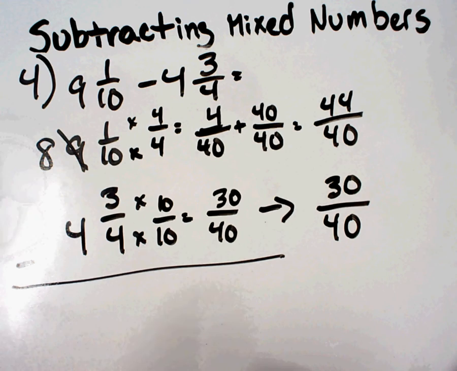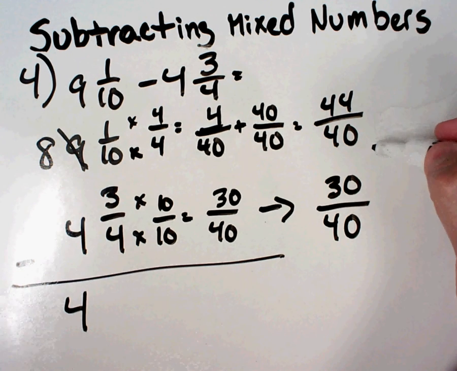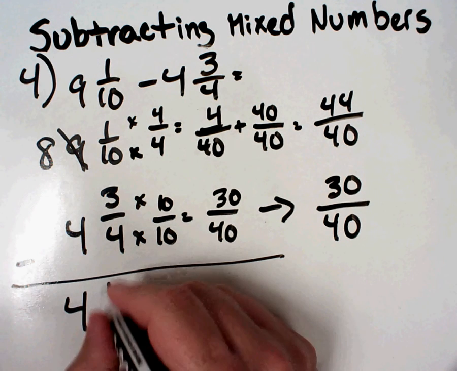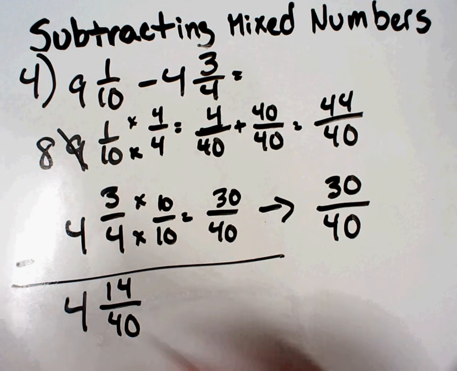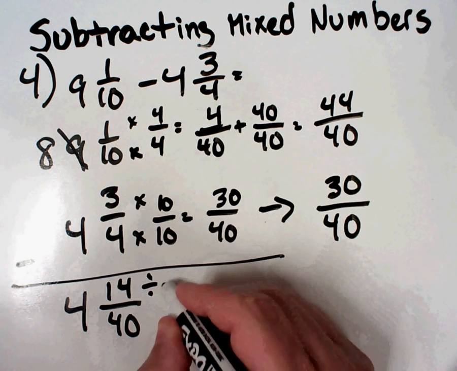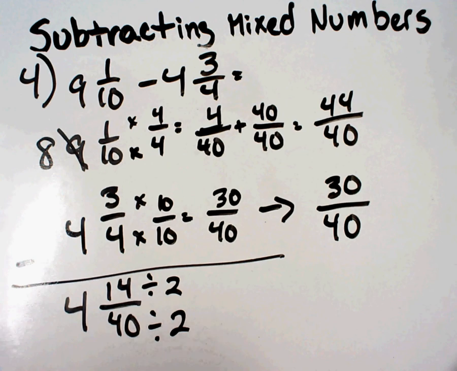So 8 minus 4 gives me 4. And then 44 over 40 minus 30 over 40 is going to give me 14 over 40. Now because both of these are even numbers, I can simplify. So I'm going to divide top and bottom by 2 because they're even, so I can always divide by 2 there.